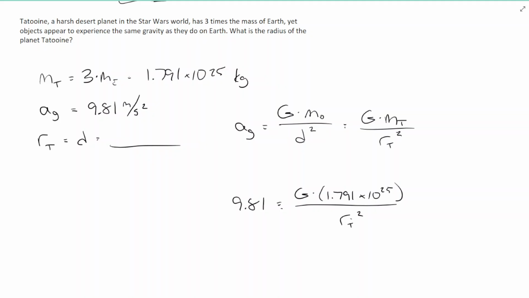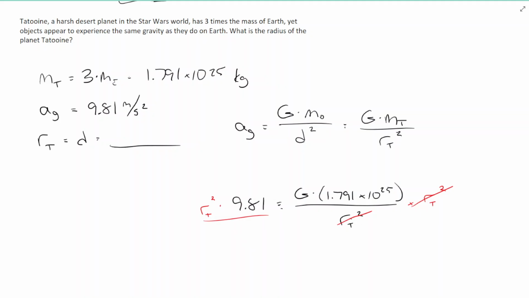So we've got to do a couple things here. There are some tricks that we'll learn when you do this type of math over and over again, but ultimately we need to get that radius out of the denominator. So I can multiply both sides by the radius of Tatooine squared, and that's going to eliminate it from the denominator and get it on the left side. But then I have that 9.81 over there.